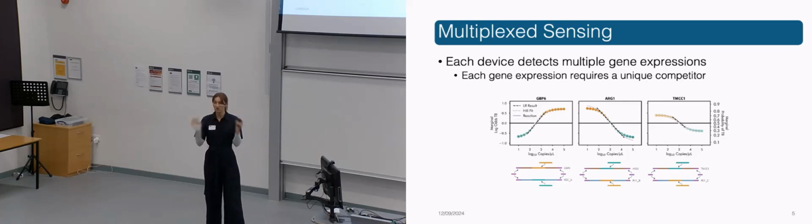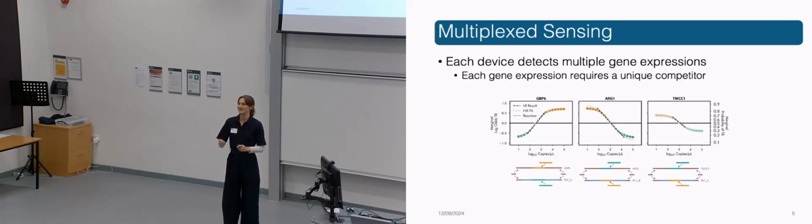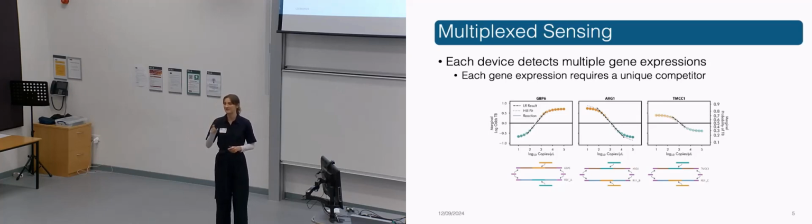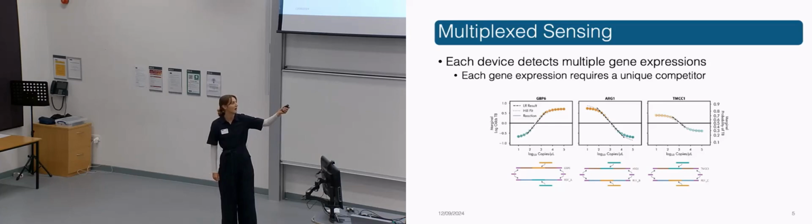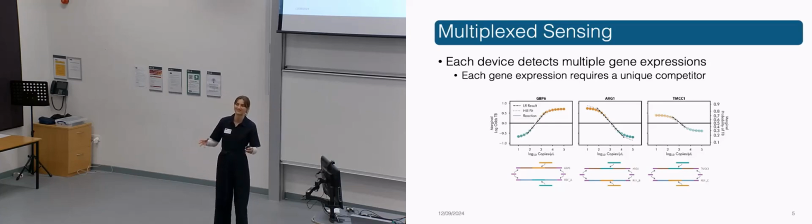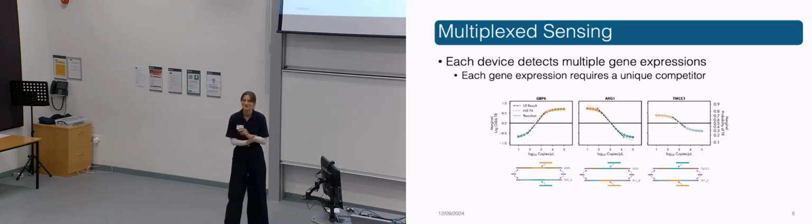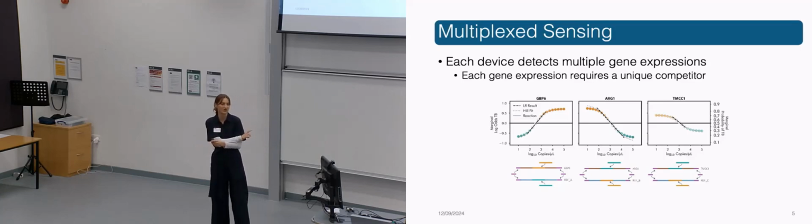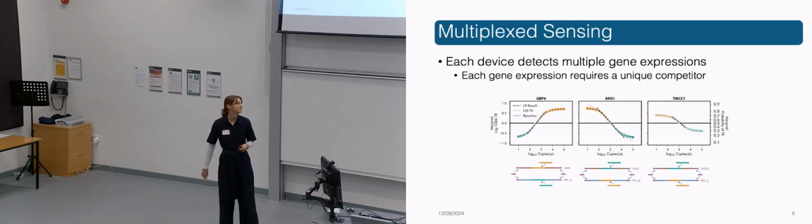I'm not going to go into too much depth about how we do this, but basically by designing our competitors to have different amplification curves, we can combine our outputs in this kind of logistic regression. That's not how you'd explain it to a biologist, but for machine learners, it's like you're doing logistic regression, but in your test tube.